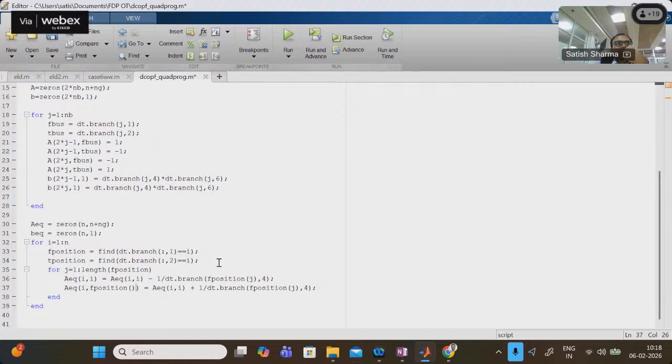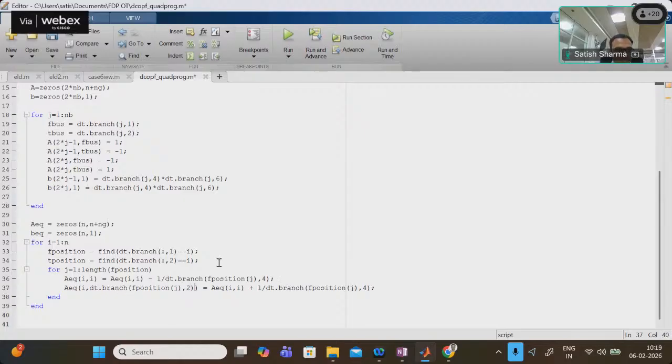This will be available from the row number, and whatever is in our dt.branch. So we have dt.branch, and we will put the position here, from position and j. This will give me the branch number, and in the branch number, if I'm looking at the from position, I will place the second part here.